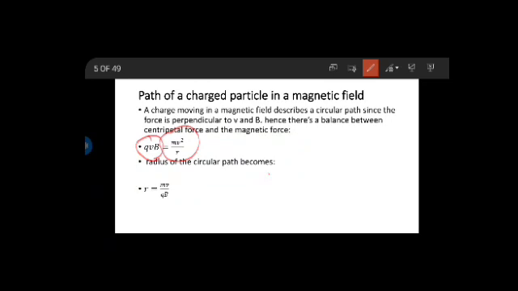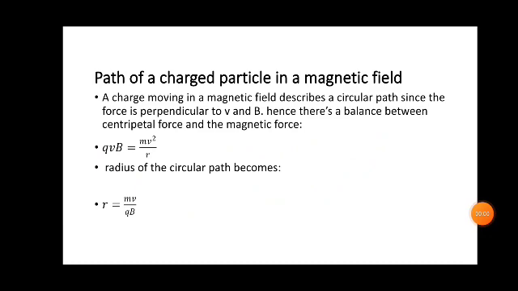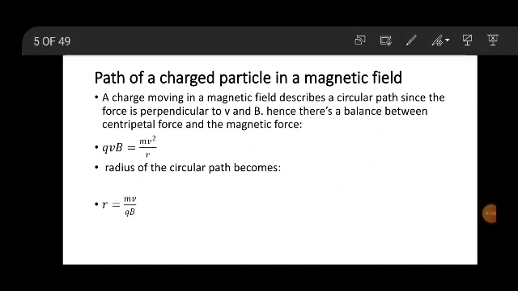So QVB is equal to mv squared over r. mv squared over r is called centripetal force. QVB is the magnetic force. There is a balance. As we equate QVB to mv squared over r, if we divide both sides by v, v cancels v.